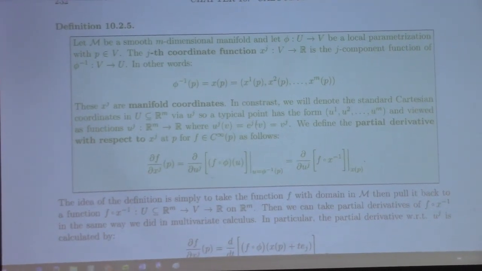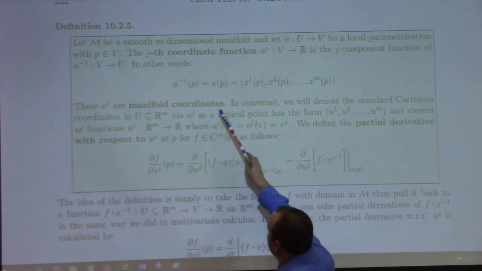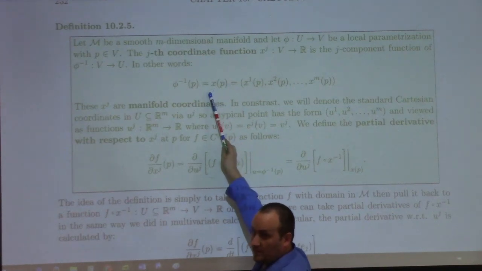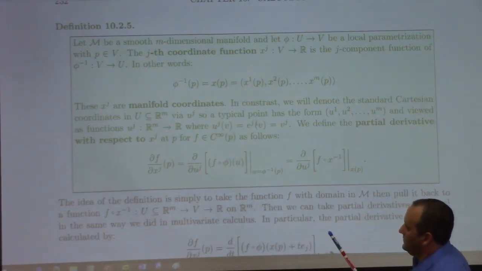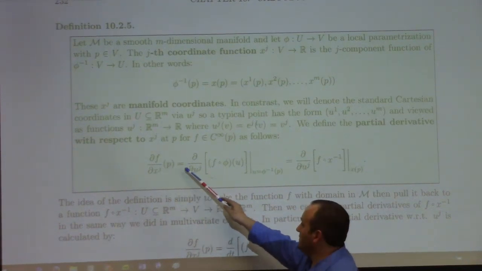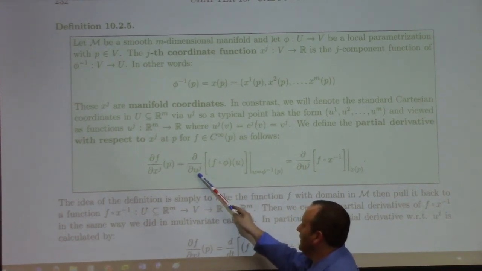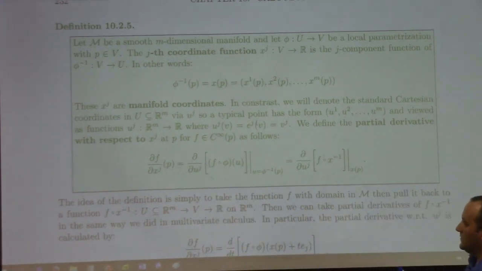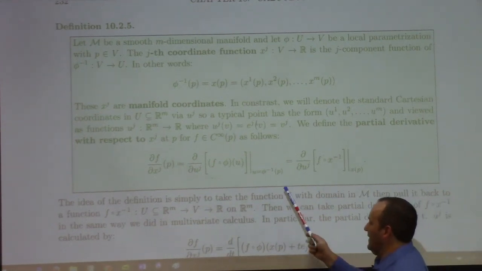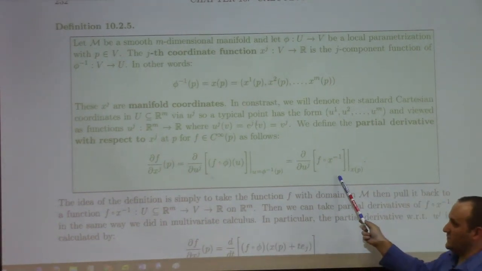So this is the definition I just covered up partly. The inverse of the patch is the chart, right? To differentiate a function on the manifold with respect to the jth coordinate of the manifold, we differentiate the coordinate representative of it with respect to the jth Cartesian coordinate. I've written it here in terms of the patch, and here in terms of the chart.